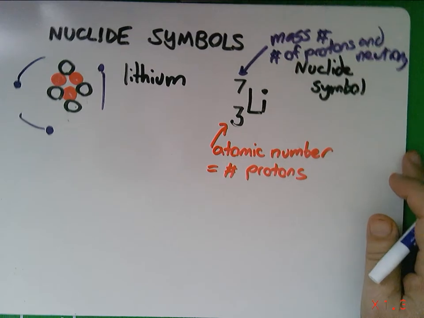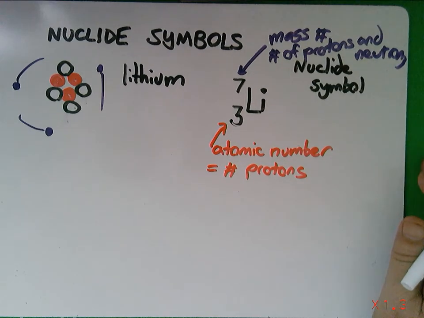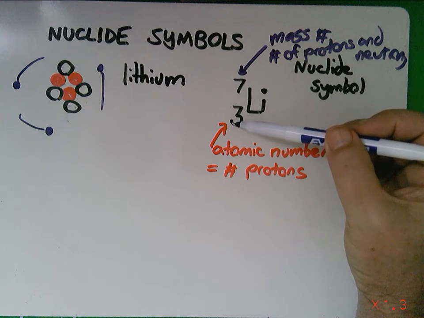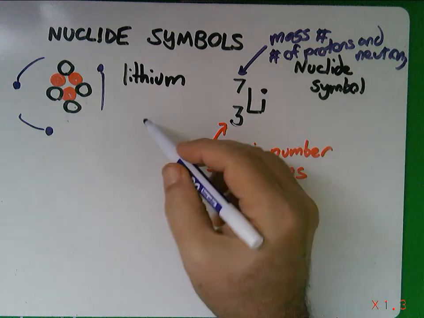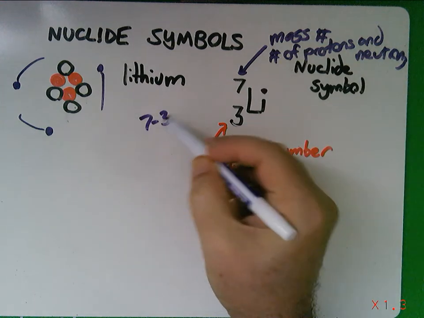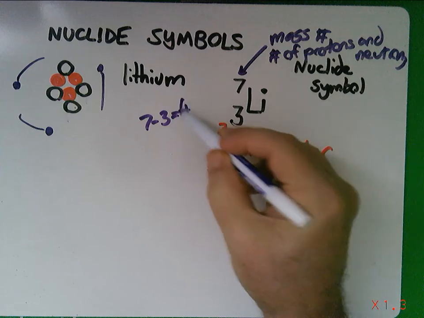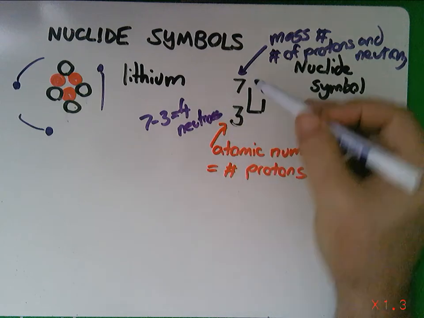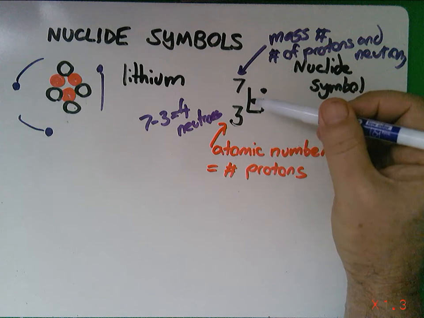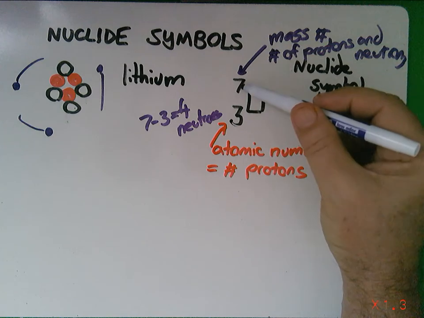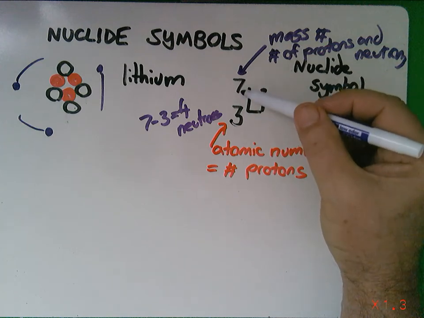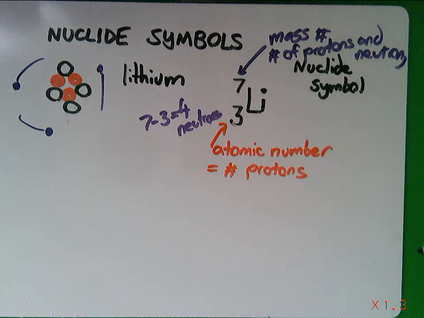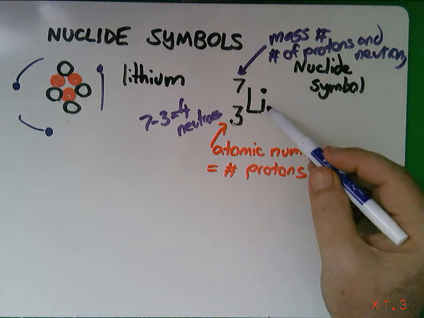So it's protons and neutrons together up on top. If you were to take the difference between these two, that gives you the number of neutrons. So it's not shown directly, the number of neutrons. The number of neutrons is the difference between the mass number and the atomic number. And then I put the symbol of the element over here.